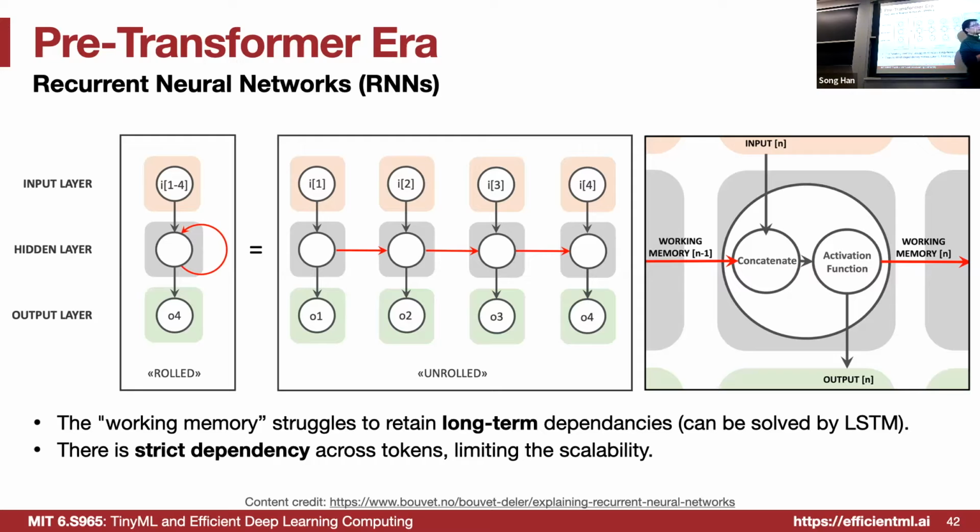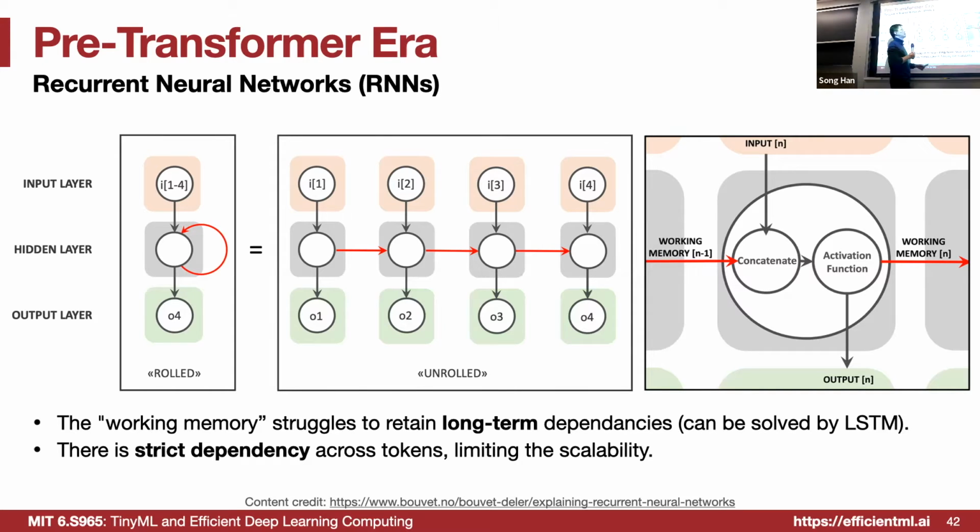We can also get the next state, the next working memory, and so on. We can repeat this process to take multiple tokens, also generate multiple tokens, and finally have a final embedding for the whole sentence.